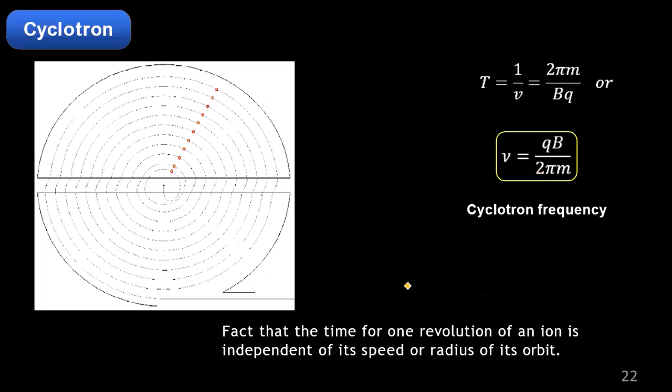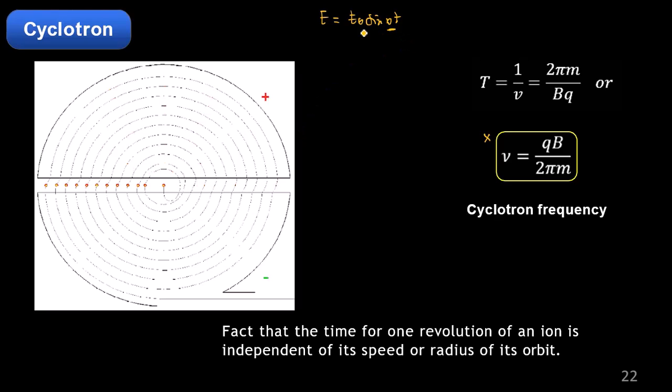Corresponding to the cyclotron, I know the frequency of oscillation of a charged particle in a magnetic field is given by this expression. The same frequency is used to change the electric field intensity, because the electric field is sine of omega t, and this omega has to be balanced with that one.